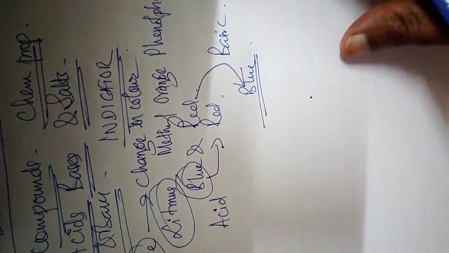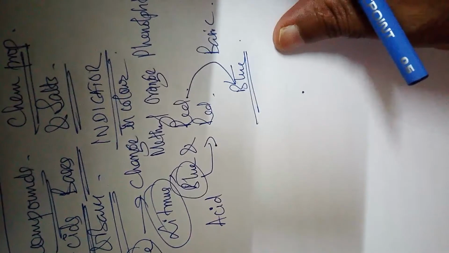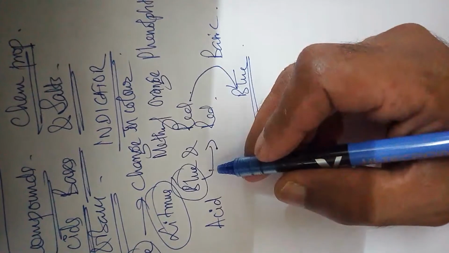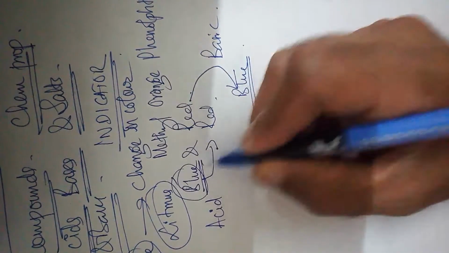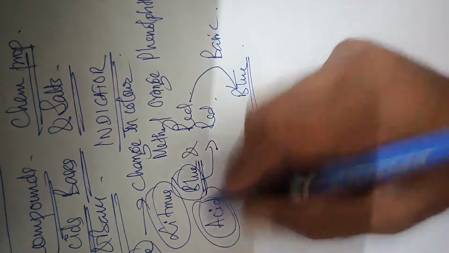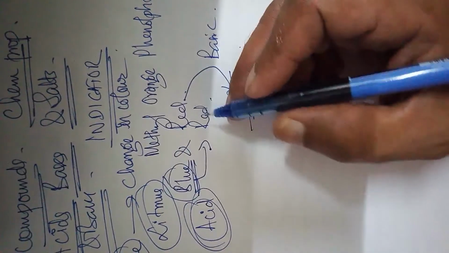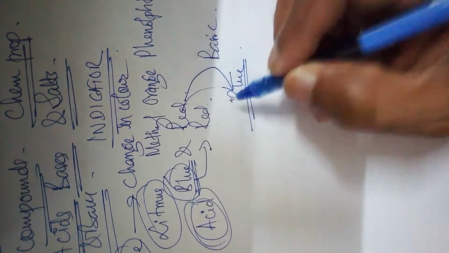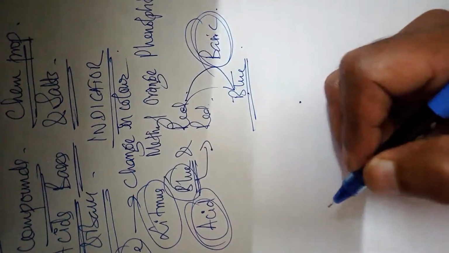So conveniently, if a drop of a given solution turns blue litmus red, we will say it is an acid. And if a drop of a given solution turns red litmus blue, we will say it is a basic solution.